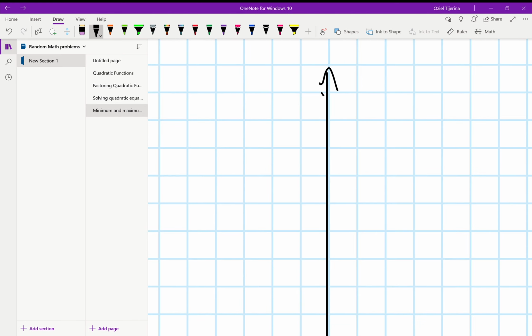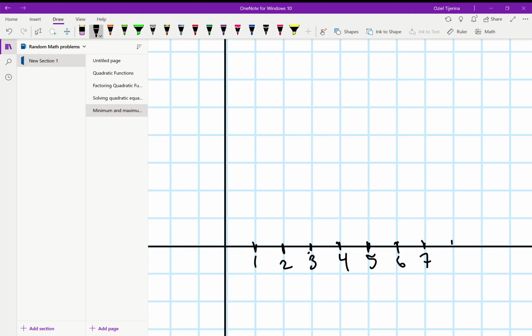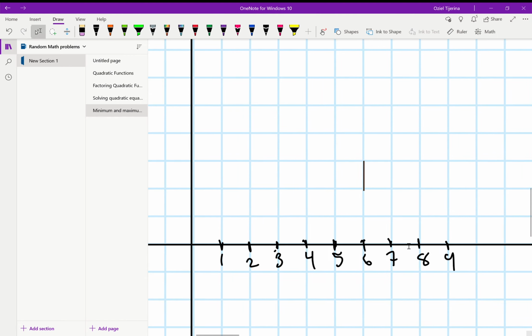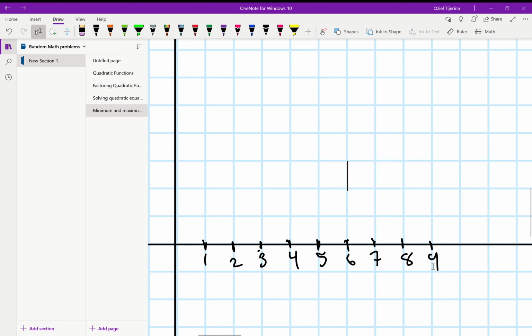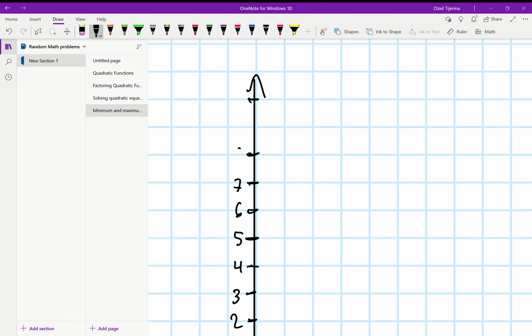So here we can say that this is 1, 2, 3, 4, 5, 6, 7, 8, 9. And this one is going to be 1, 2, 3, 4, 5, 6, 7, 8, 9, and 10.